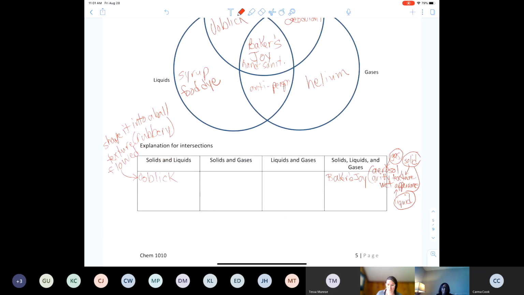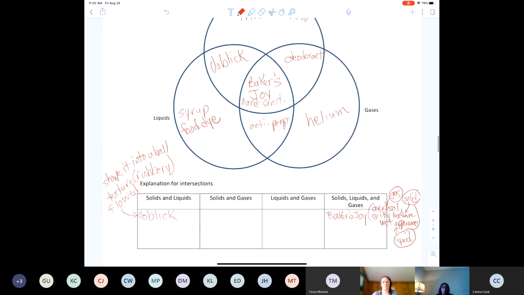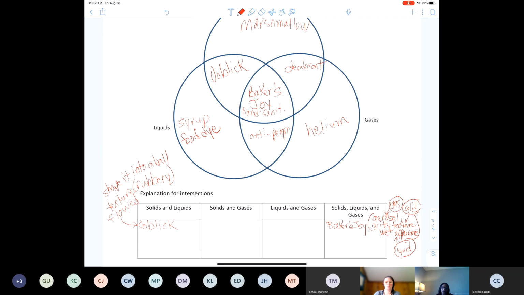And then all those that had intersections, you need to put in this table, like the oobleck, I put there in the solid and liquid, and I gave some justifications why it should be there. Same thing with the Baker's Joy. I justified why it fits all 3.